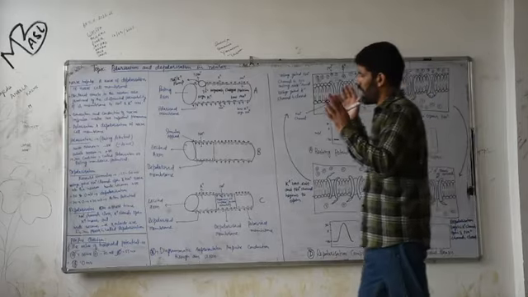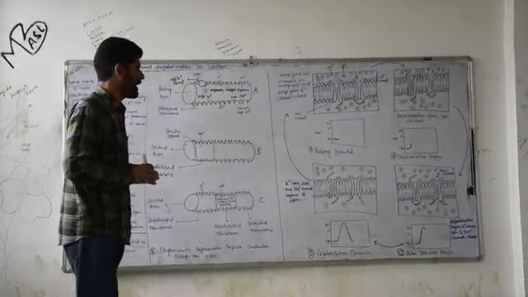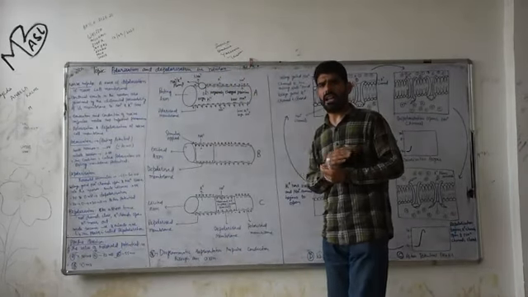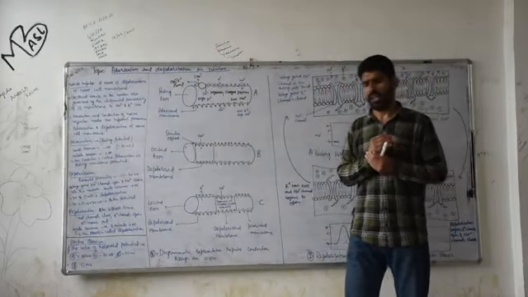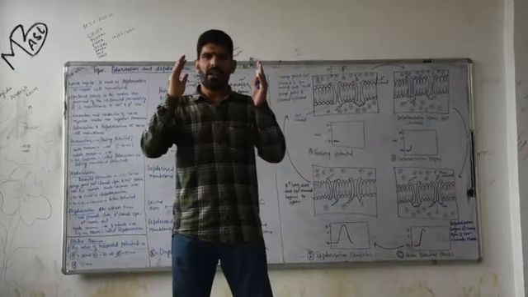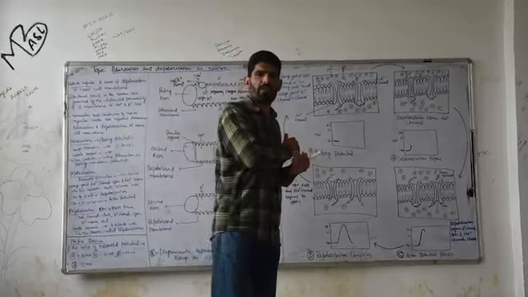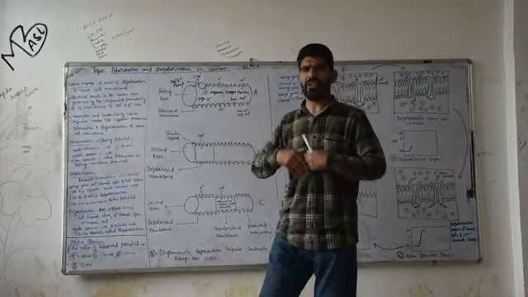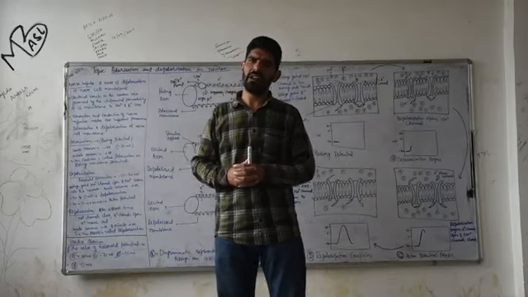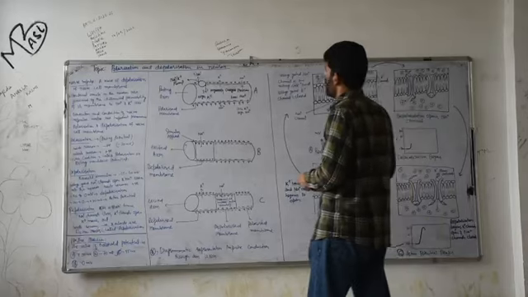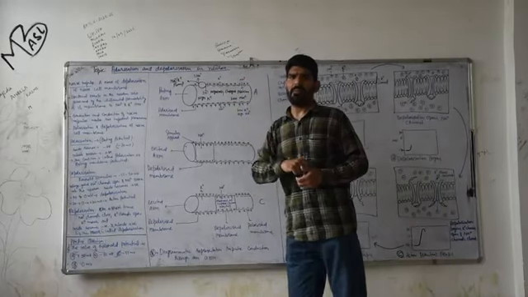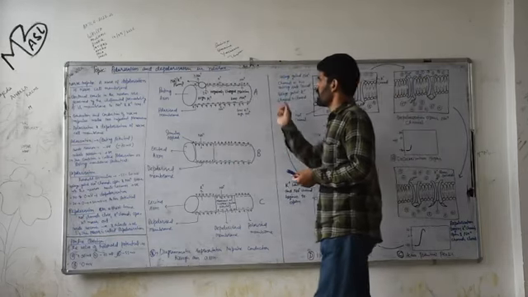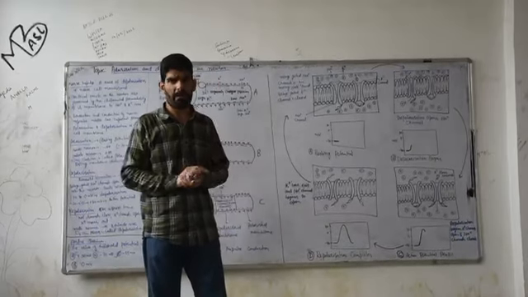We would like to sum up the topic briefly: the electrical events like polarization and depolarization are the important processes that are responsible for the generation and the conduction of nerve impulse, with the help of sodium and potassium channels, as well as with the help of the sodium potassium pump.